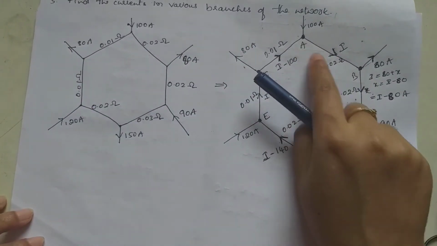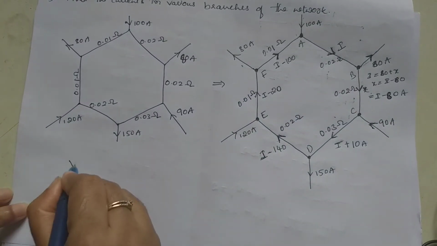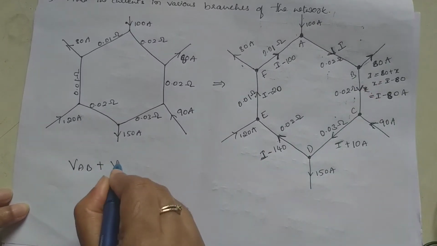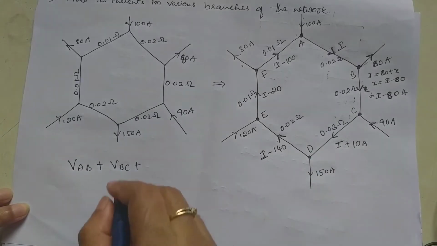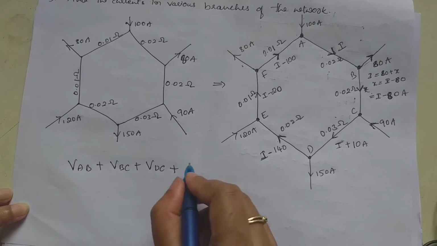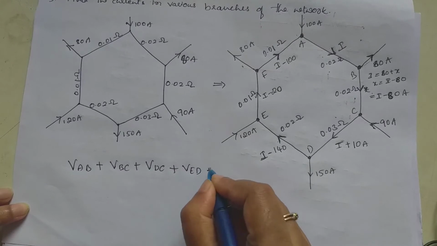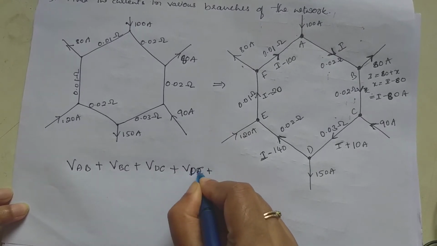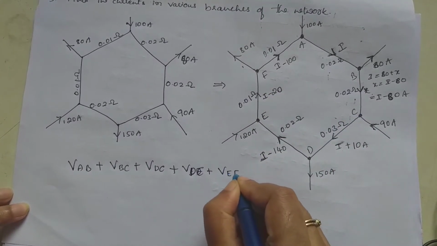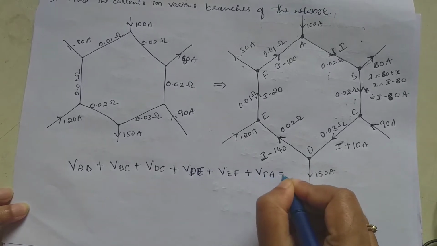So for every branch we take, VAB plus VBC plus VCD plus VDE plus VEF plus VFA is equal to 0.